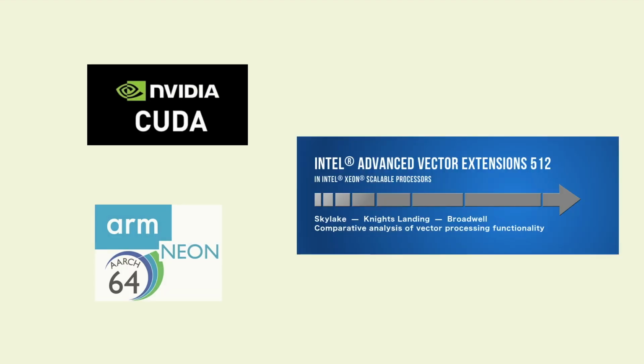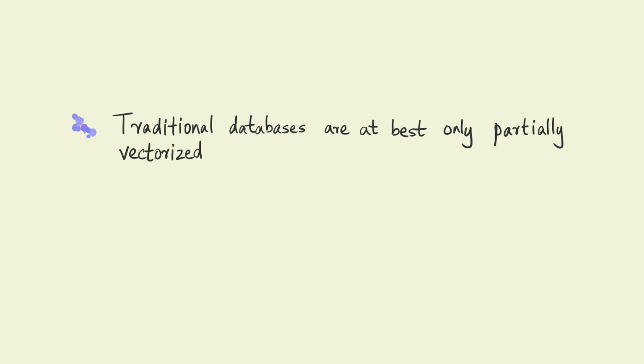The last 10 years, however, have seen the rise of new technologies like CUDA from NVIDIA and advanced vector extensions from Intel that have dramatically shifted our ability to apply vectorization. Because of the power of vectorization, some traditional vendors now also make claims about including vectorization in their offerings. But shifting to this new vectorized paradigm is not easy, since all of your code needs to be written from scratch to utilize these capabilities.